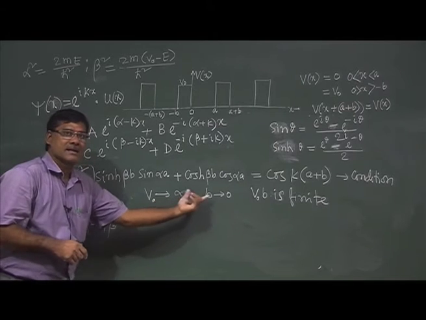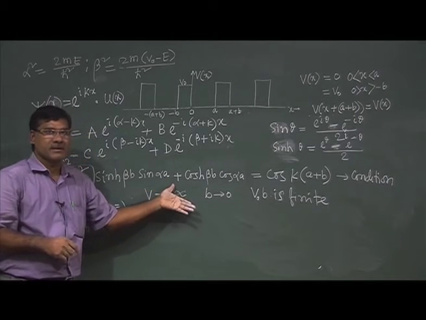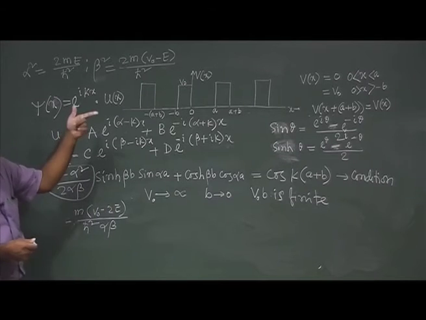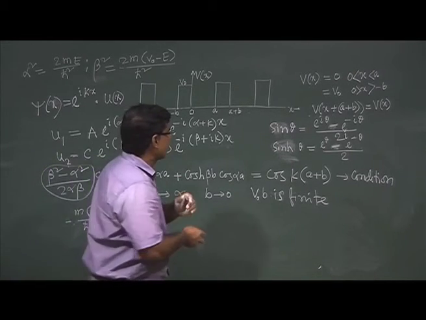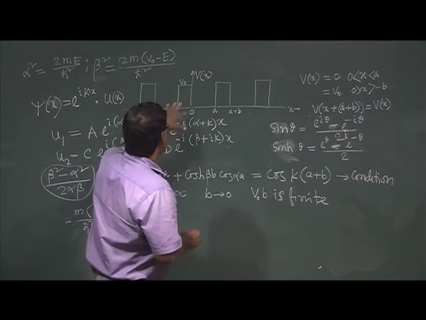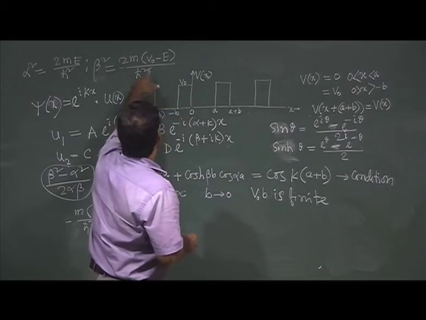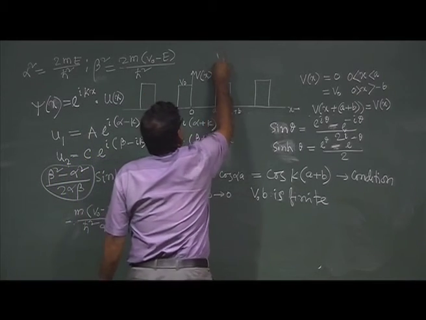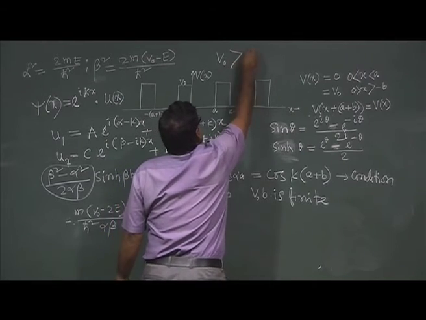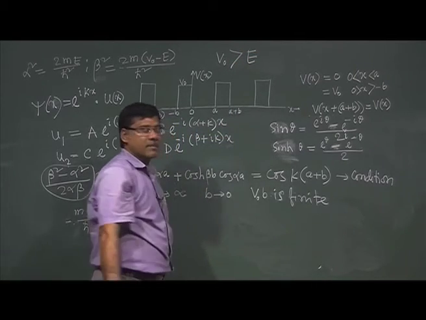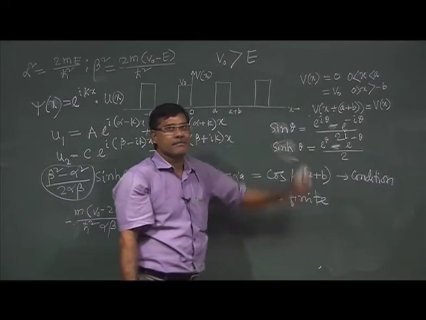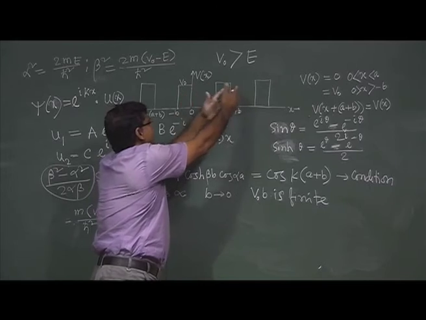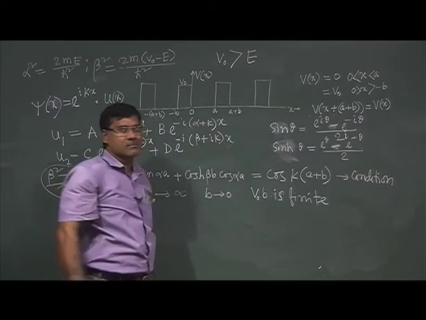if we consider this condition, V tends to infinity, means V is very high compared to E. And one thing I did not mention earlier, in earlier class probably I mentioned that here I wrote V0 minus E, because we consider that V0 is greater than E. We are solving this problem considering V0 is greater than E, okay, because these electrons are confined in this potential.